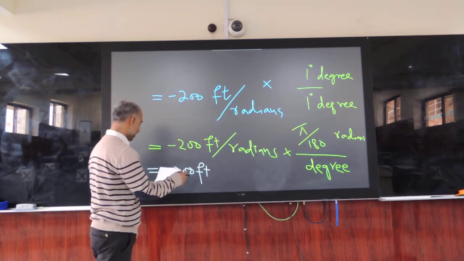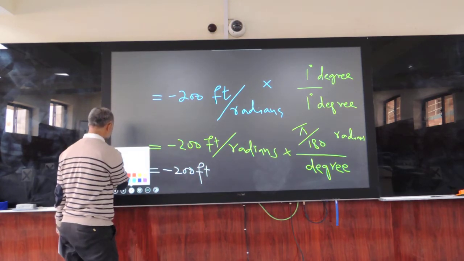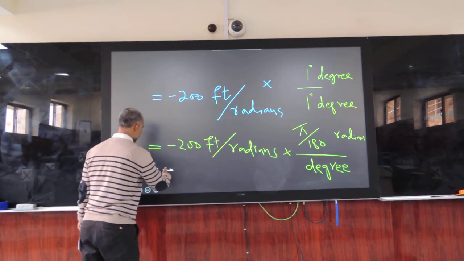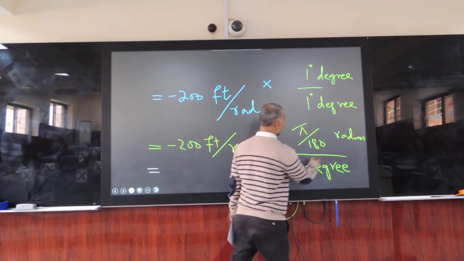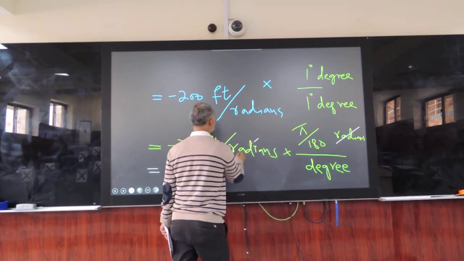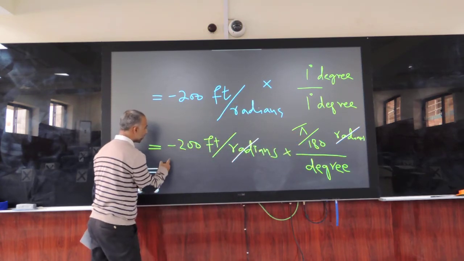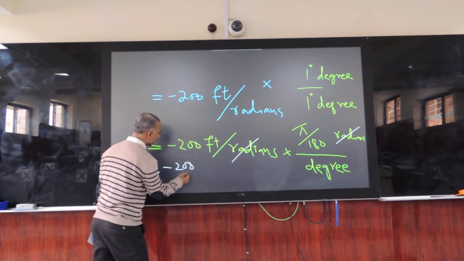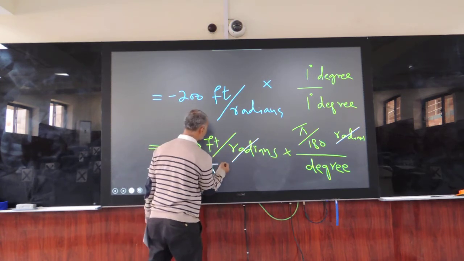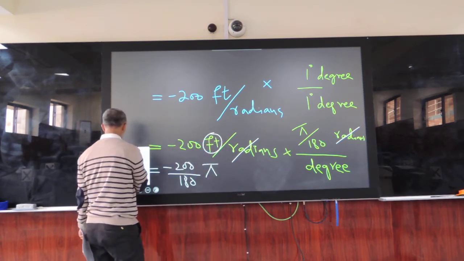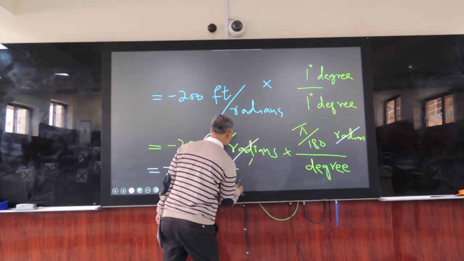If we multiply this pi with it, let me write only the answer here. The radian in the numerator and the radian in the denominator will be cancelled out, and we will have minus 200 over 180 pi feet per degree.